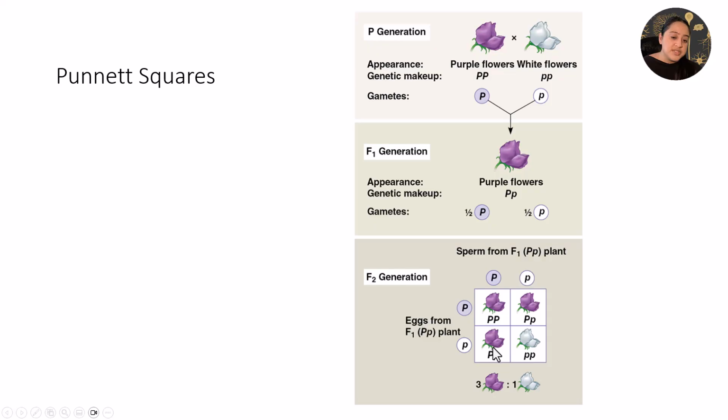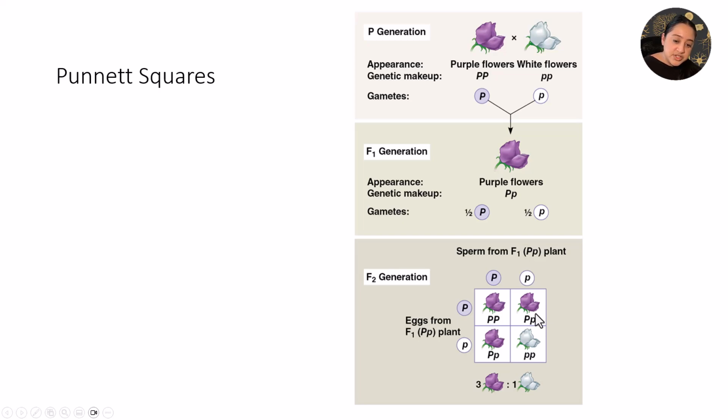And then when they come together in fertilization, these 2 gametes make this zygote, this flower. And so this one will have big P, little p, because you did this and this. If you combine these 2, then you would have 2 big P's.